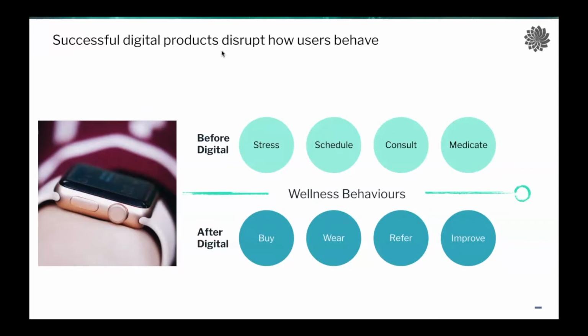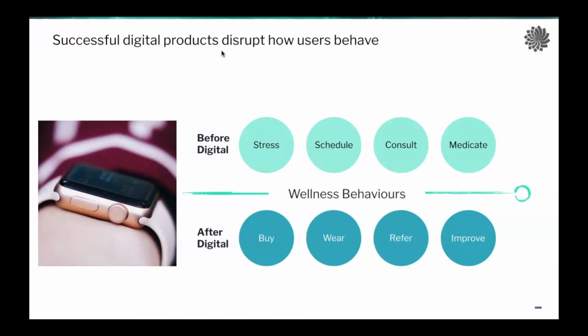So wellness is a space, health and wellness, that's being disrupted right now by the introduction of new behaviors and new technologies such as wearable devices. What used to happen before these devices came along was that the typical behavioral pattern was that we'd have some sort of a physical symptom. We'd probably stress about it. We'd probably schedule a meeting with a consultant or a doctor and then consult them and then medicate based on their instructions.